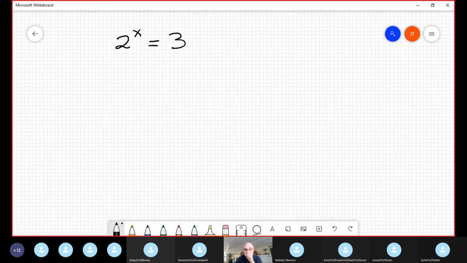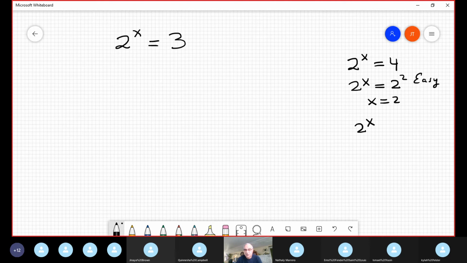We have two kinds of exponential equation. One is easy, because you can express 4 like a power of 2, x equals 2. And you have the ugly, nasty exponential equation 2 to the x equals 3. We cannot do this.